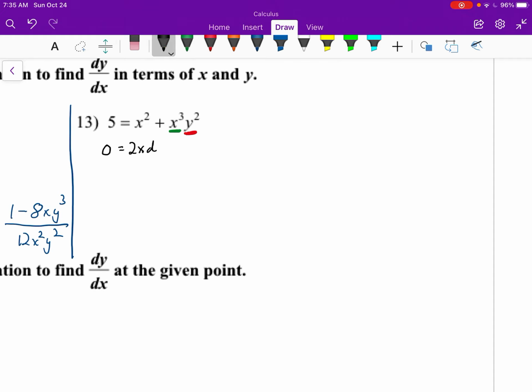So we have plus first, which is x cubed, times the differential of the second, which is 2y dy, plus second, which is y squared, times the differential of the first, which is 3x squared dx.